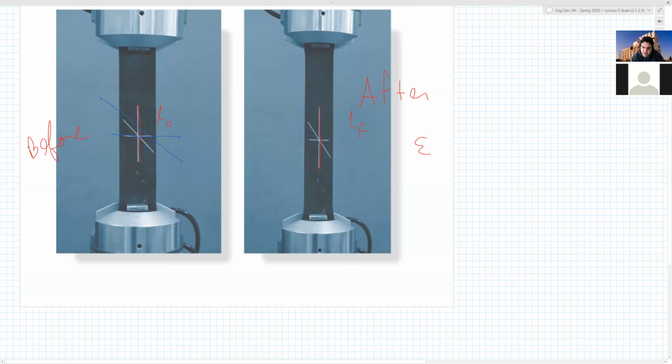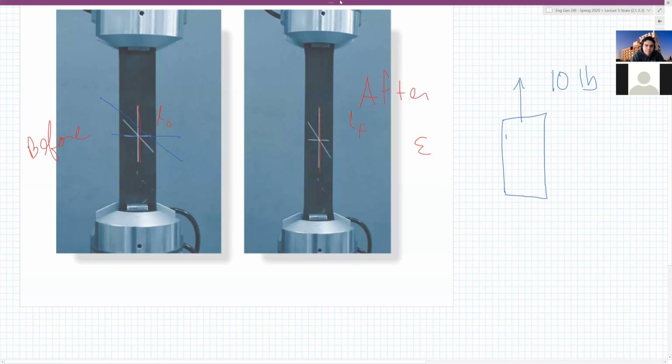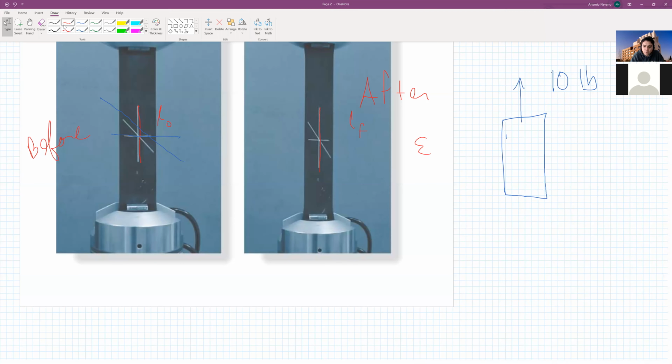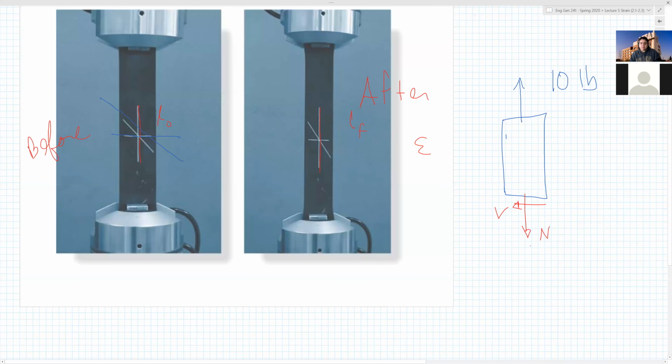The force here is 10 pounds, right? I cut it on the bottom. When I cut it, don't I have a normal force? And then I have a shear force, right? What is a normal force? Just real quick. What is that normal force? You guys can type it in or say it. 10 pounds, right?